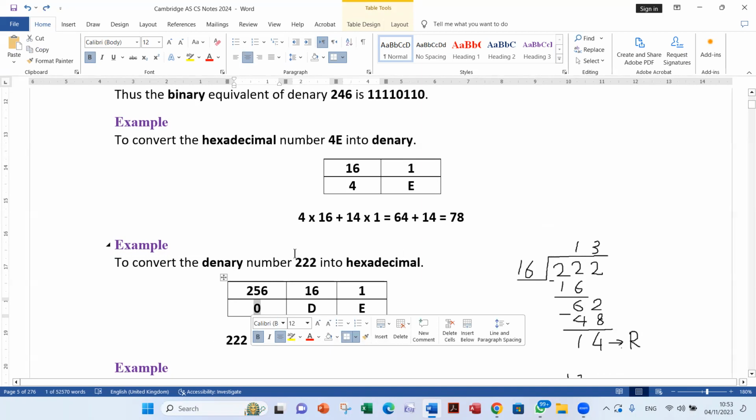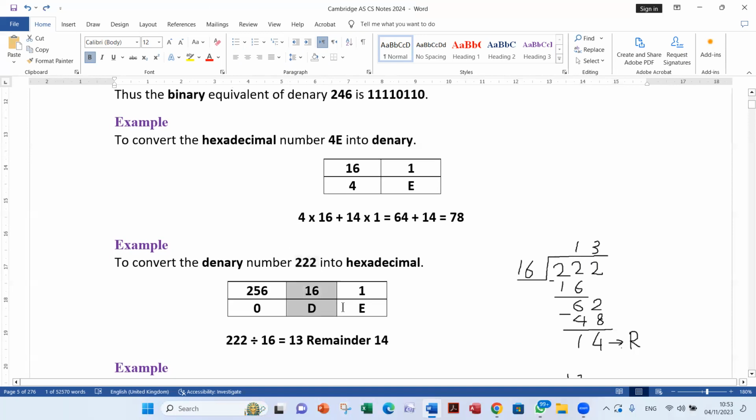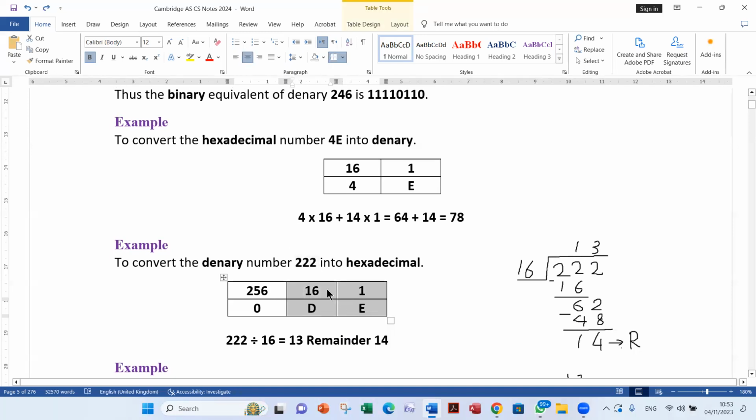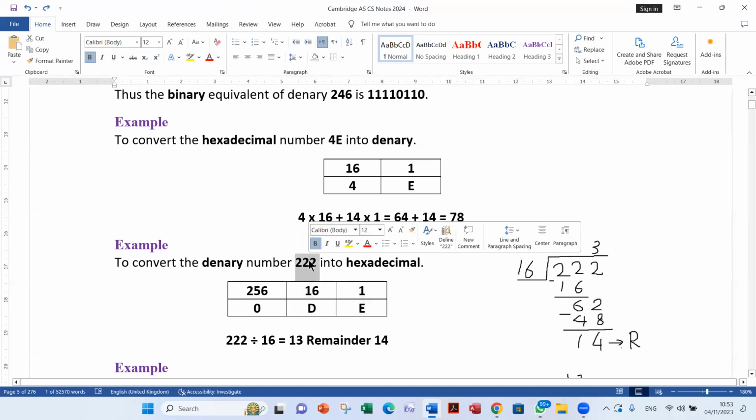So how would the 222 fit here? How many times does 16 go into 222? You have to do long division. So 222 divide 16.